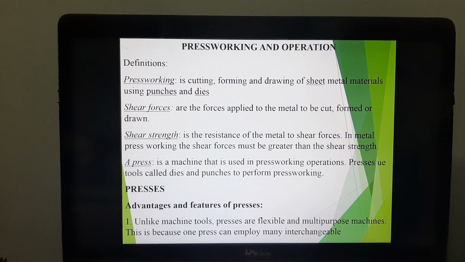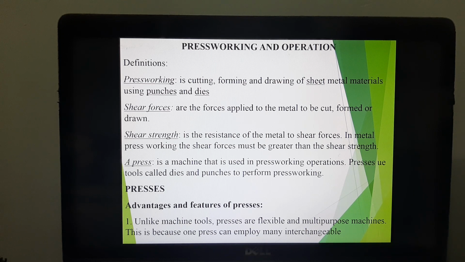Shear strength. The moment you want to cut the material, you always have an opposing force called a normal force. Just like in real life, if somebody comes to punch you, you're not going to just stand there and say, okay, punch me. You're going to defend yourself. Similarly, all materials have the same characteristics. The moment you try to fracture the material, the normal force will oppose your action.